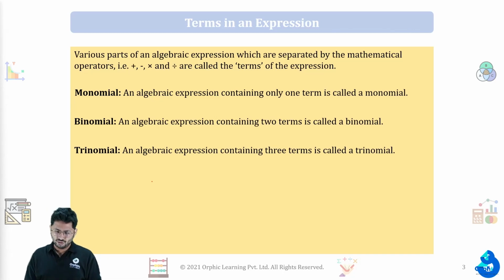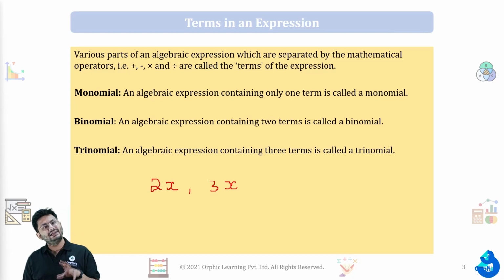Let's say 2x and 3x. We say that both of these are like terms. How do we identify whether two terms are like terms or unlike terms? Let's try to understand. So, for two or more terms to be like, there are two conditions it should follow.